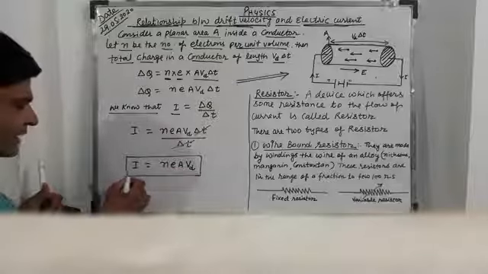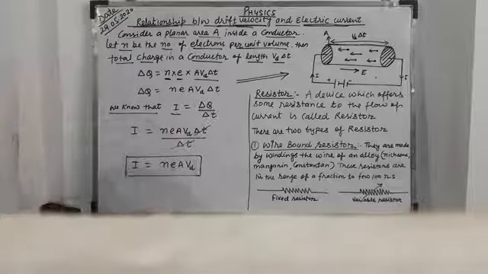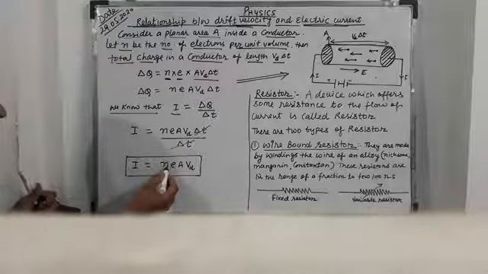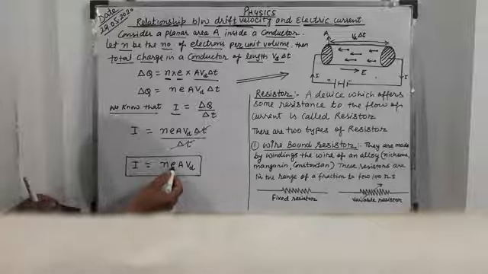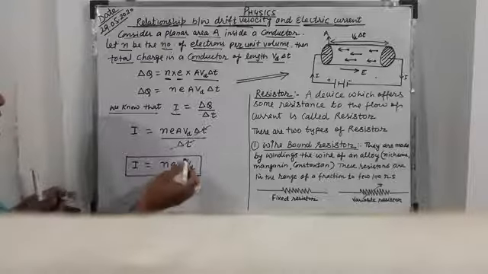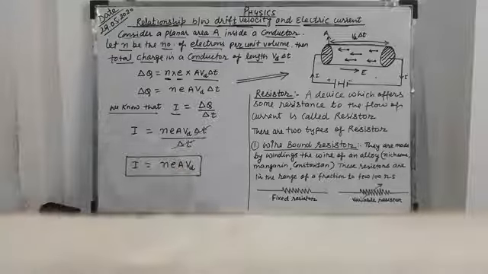This is the required relation between current and drift velocity. Here I is current, n is the number of electrons per unit volume, e is the charge on an electron, A is the area and Vd is the drift velocity.